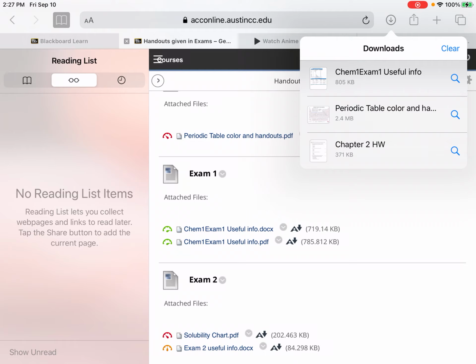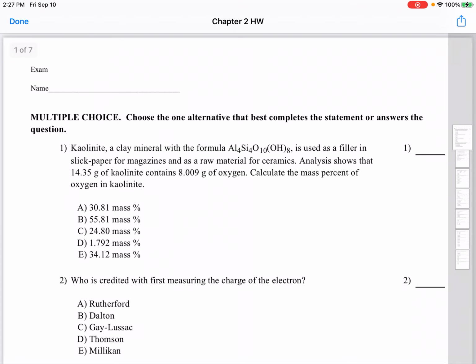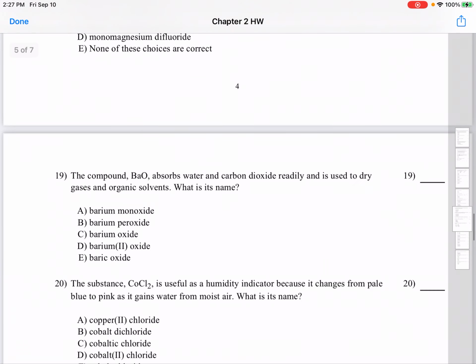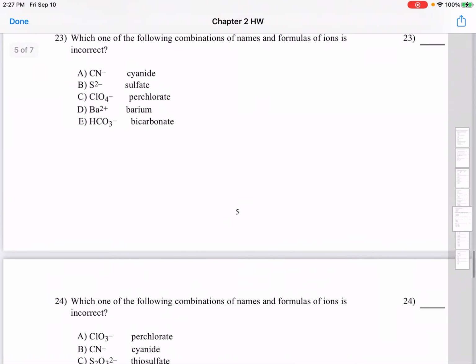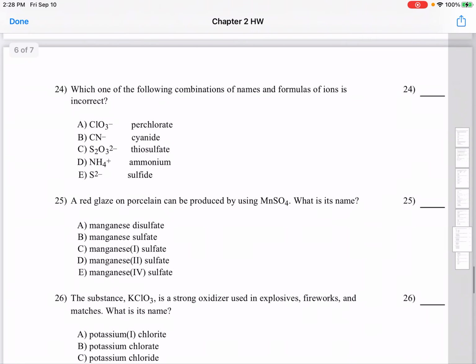Let's go back to our homework. Okay, with that you can find out which one is the incorrect one, referring to those tables.